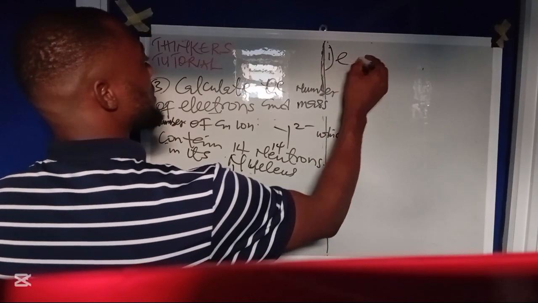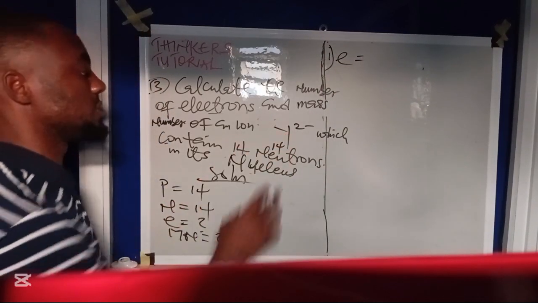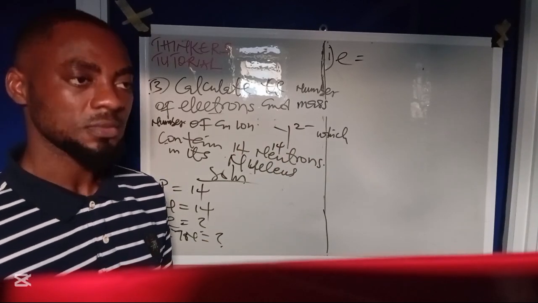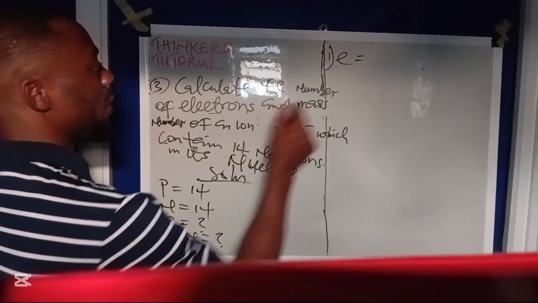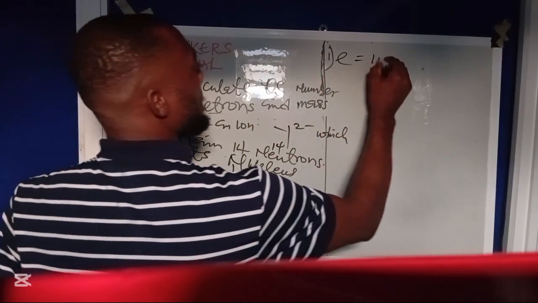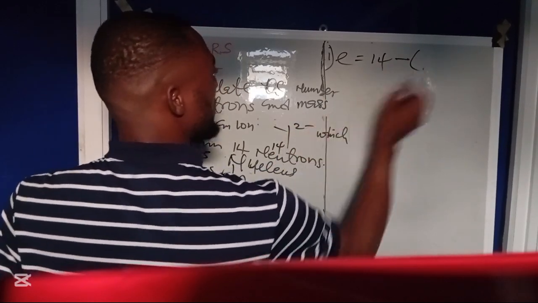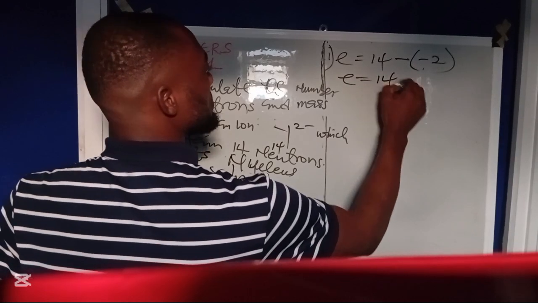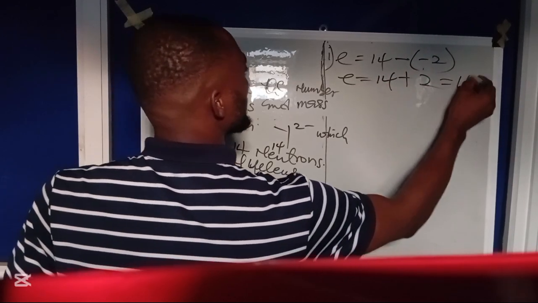First, the question says we should find the electron. Here the element is in ionic state, so the number of protons cannot be equal to the number of electrons. So the electron here will be the number of protons, which is 14, minus the charge, which is minus 2 here. So the electron is equal to 14 minus, multiplied by minus will give you plus, so it will be equal to 16.